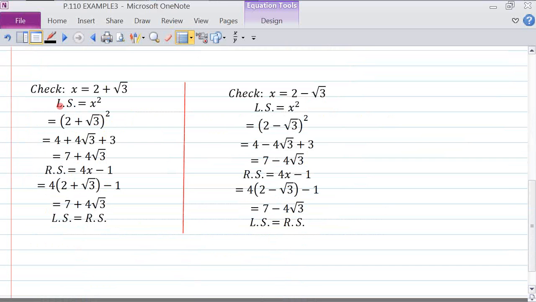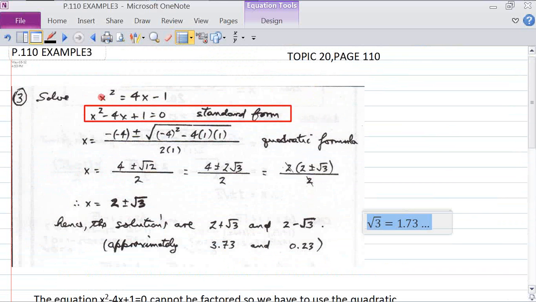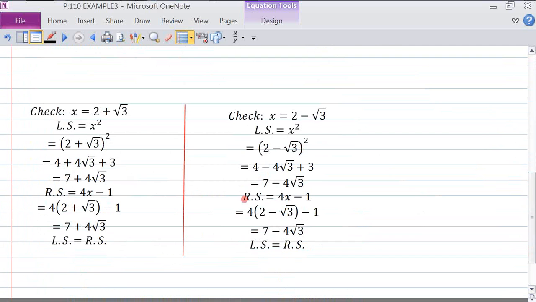Again, to verify the answer, we go back to the original equation. x squared equals 4x minus 1. Go back to the original equation, just in case you've made a mistake here. So go back always to the original equation you're given. So now the left side is x squared, the right side is 4x minus 1.